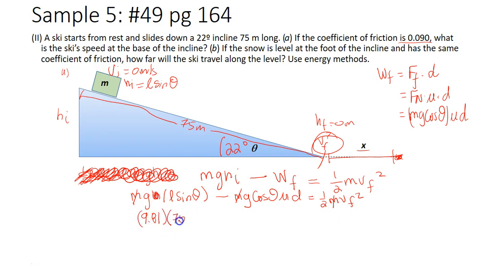L is 75, this is sine 22 minus, so we're taking away energy from friction. It's just a lot of numbers, but it's actually not too bad. And the d is how far it went. So this is just on the incline, so this is the 75 meters part.